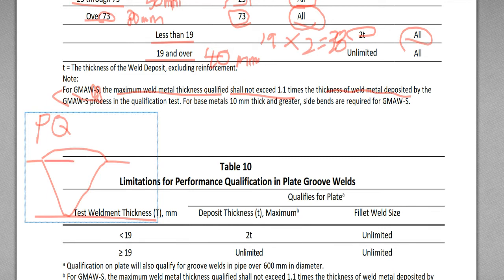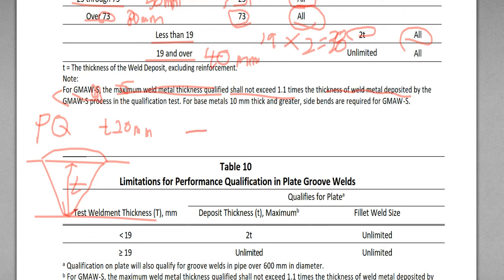And this small t, let's say the small t is 20 millimeter. Then the maximum weld metal thickness qualified for the production welding is 20 times 1.1, which is 22 millimeter.